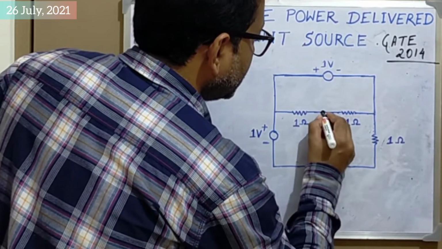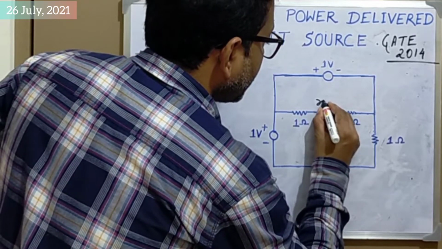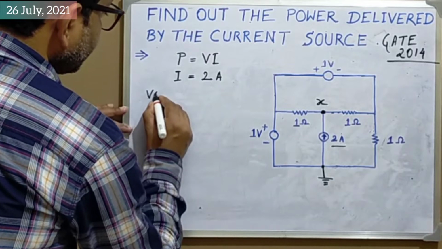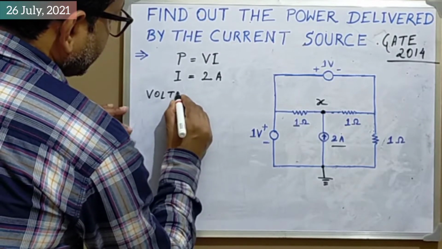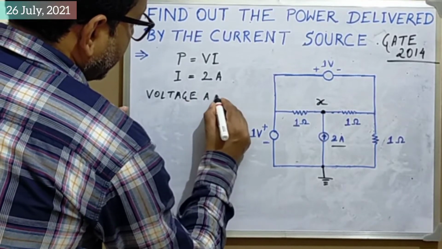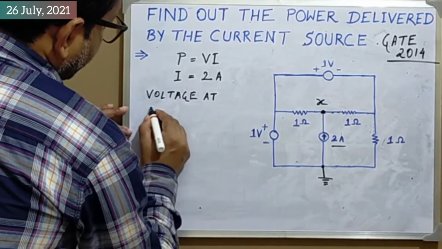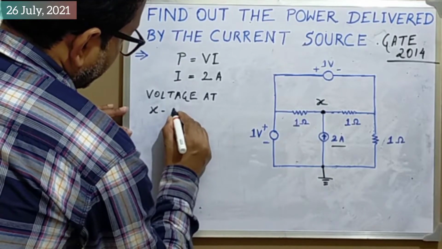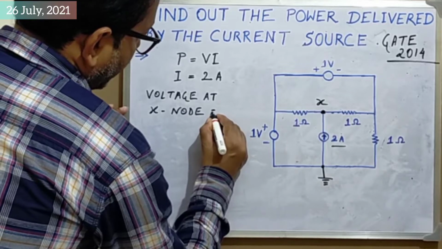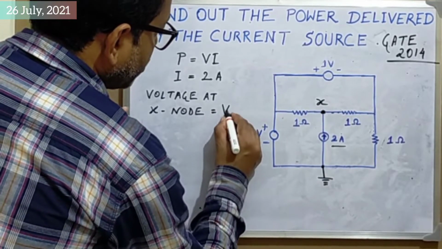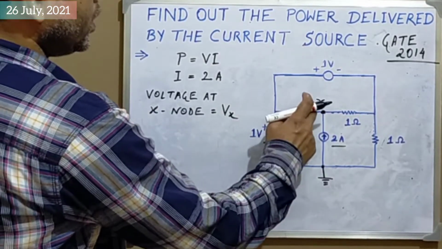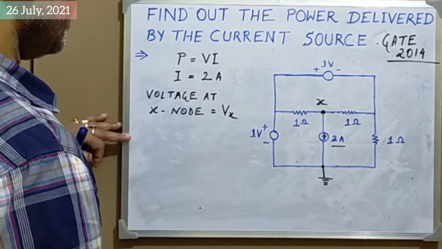Let's consider this node as the X node, and the voltage at X node, say it is Vx. Here we have considered the voltage for this X node is Vx.